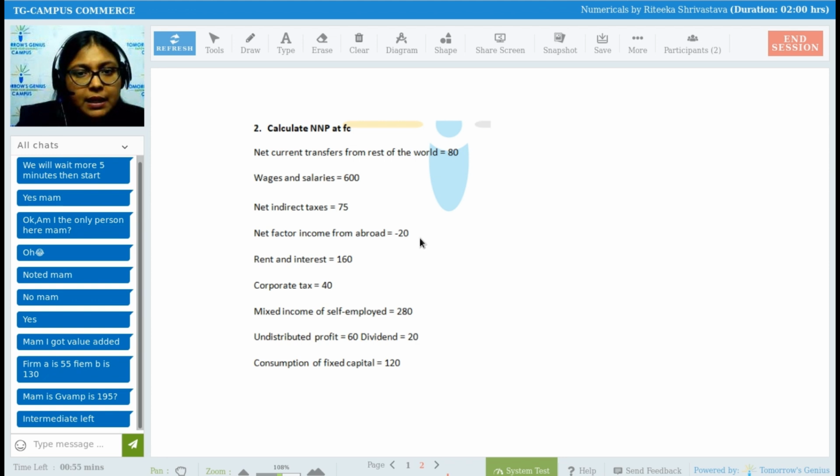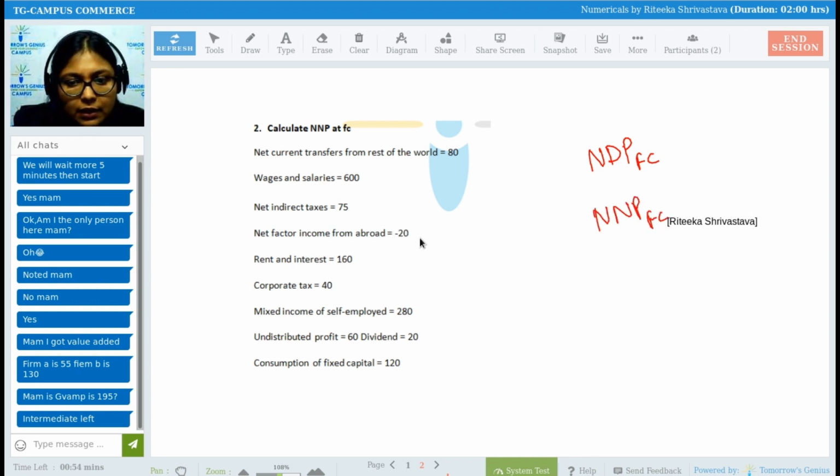So for calculating NNP at FC, first of all, you will have to, as usual, calculate NDP at FC. That is our aggregate method. So first calculate NDP at FC, then calculate NNP at FC. See here, after undistributed profit, there is one gap and then dividend is there.